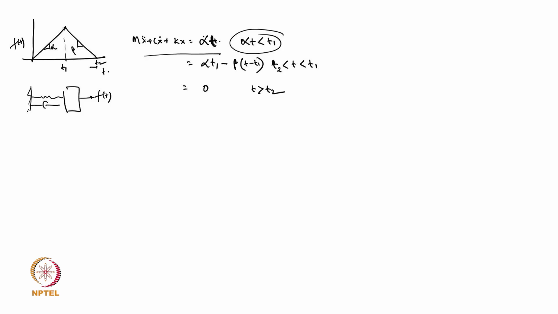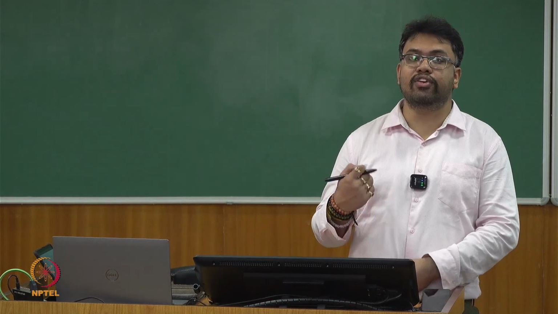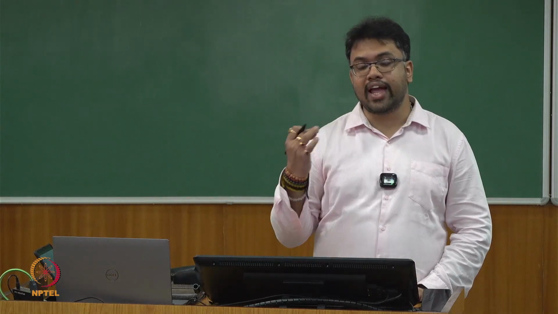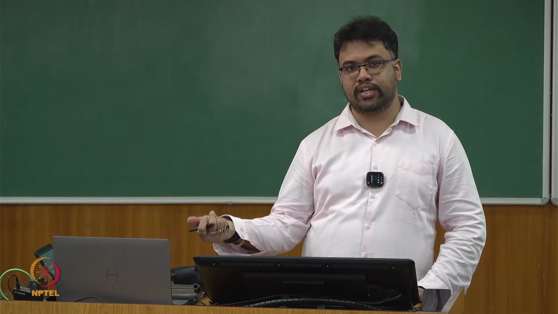It should be restricted up to the t1 value. We cannot cross that. As we have discussed, there are several methods to do it, and once we calculate the displacement and the velocity at t equal to t1, those will act as the initial conditions for the next step of the solution to start.